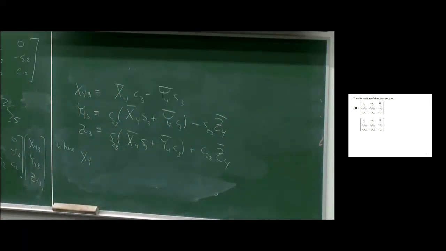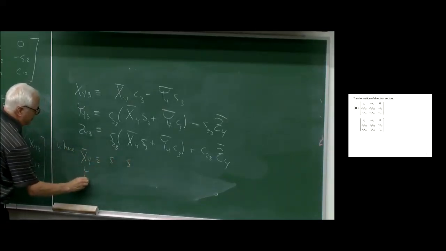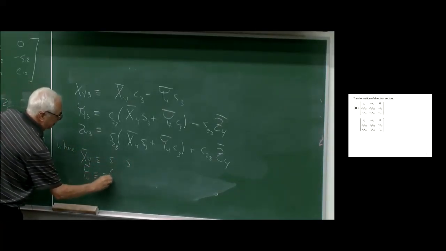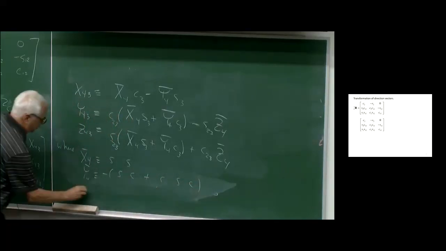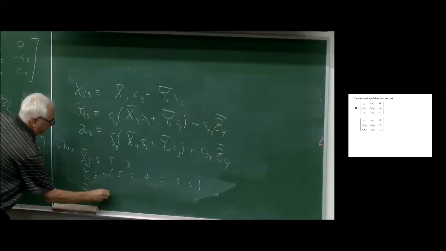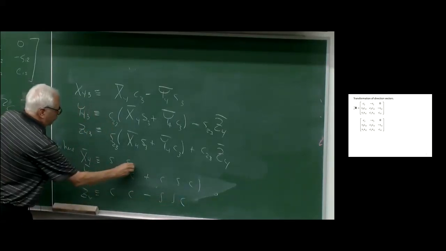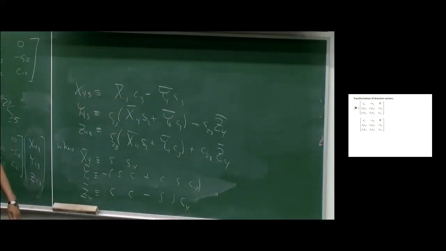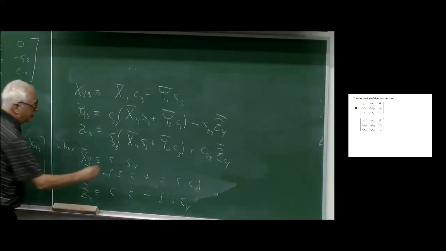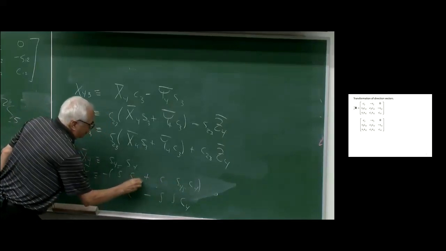Where X4 bar's definition is SS, Y4 bar's definition is negative SC plus CSC, and Z4 bar is CC. And I go 4 and 4 and 4, and I'm downhill, so I get to 4, 5 before I get to 4. 4, 5 wants to be near its friend.